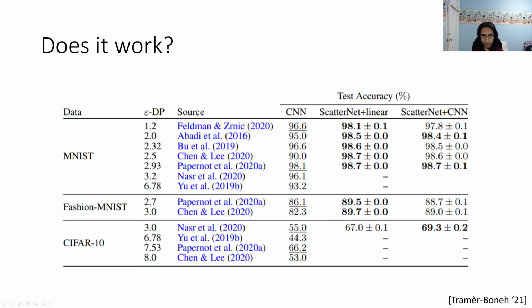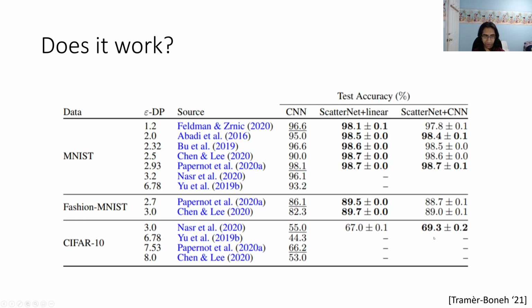And this is especially true when you move to a harder challenge, such as CIFAR-10, which is the hardest benchmark data set, let's say, that people have looked at with differential privacy. And you can see that a paltry 69% is the state-of-the-art right now, which is not great, in the sense that any practitioner would tell you that this is too much accuracy loss in order to be useful.